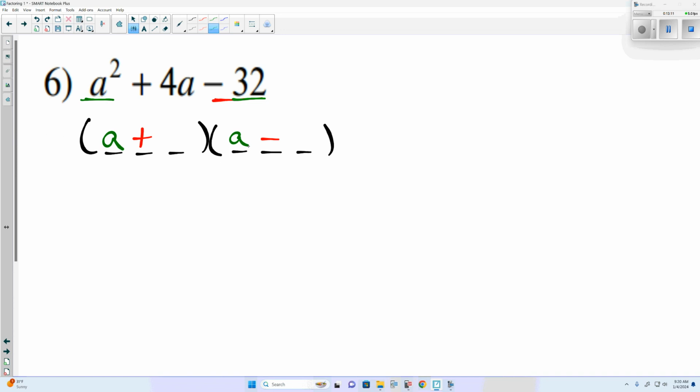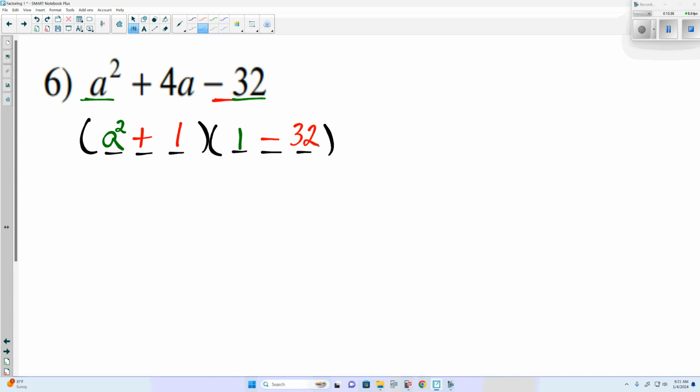Now, we could say 1 and a squared, because that is technically factors of it. I wouldn't write it down here because I'm going to show you why this doesn't work. We could say a squared and 1, and I'm going to pick a set of factors for 32, 1 and 32.